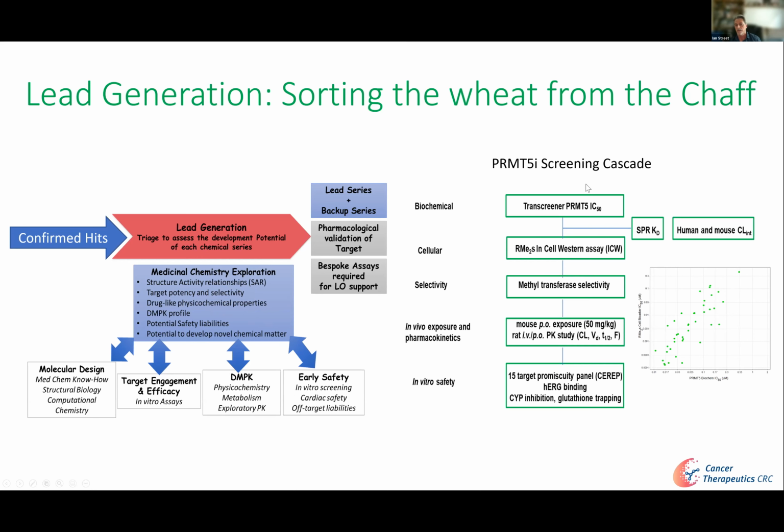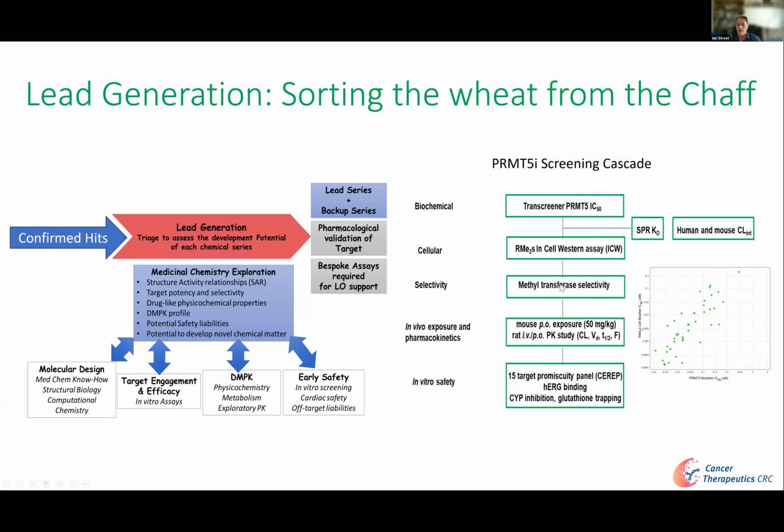Key to this is the screening cascade. And this is where really a depth of knowledge about the biology that you're targeting comes into play. It starts with very simple assays. Does this compound hit the target biochemically? Does it get into cells and inhibit the target there in the cell?